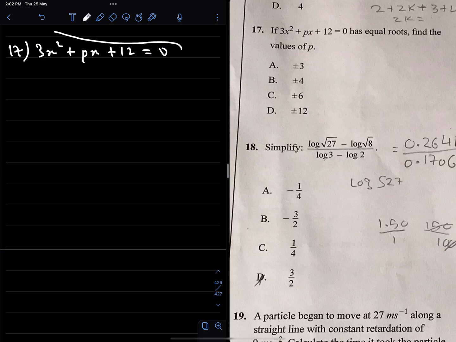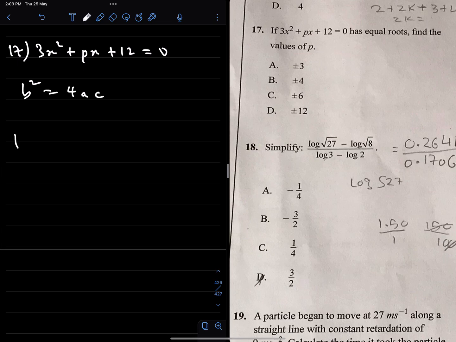For a quadratic equation to have equal roots, the condition b squared equals 4ac must be satisfied, or you can say b squared minus 4ac equals 0 must be satisfied. So here a is 3, b is p, and c is 12.